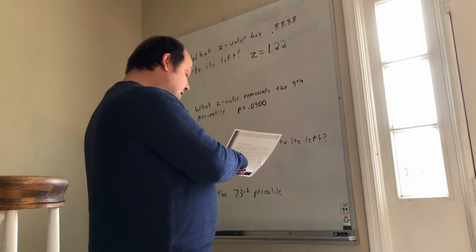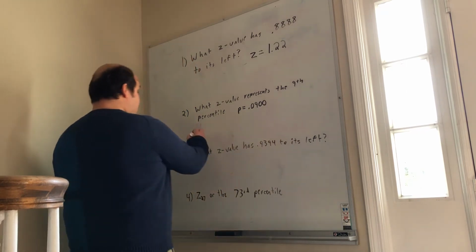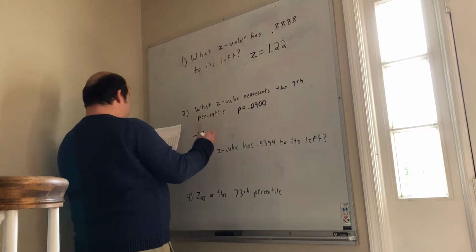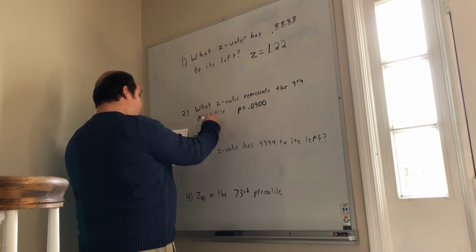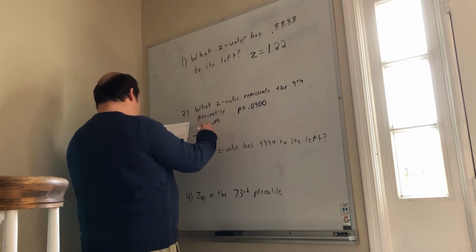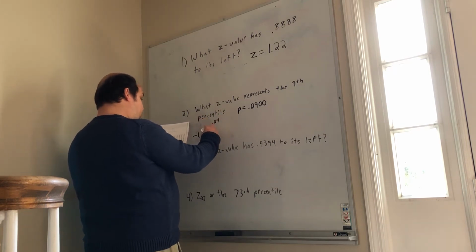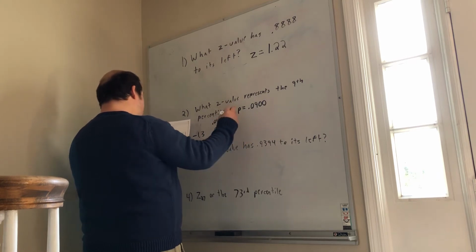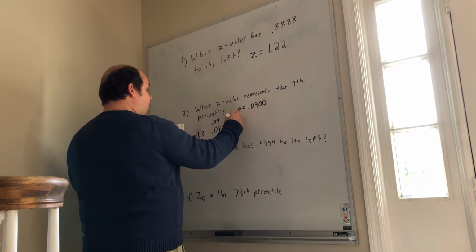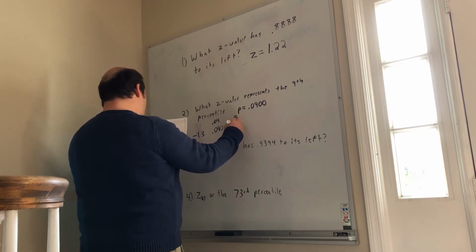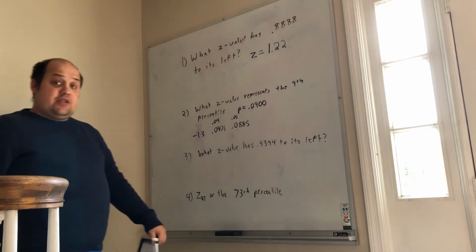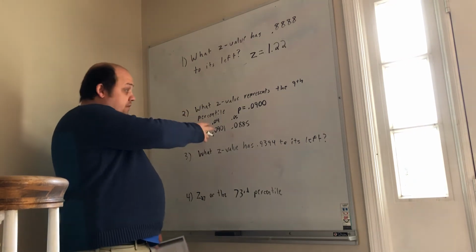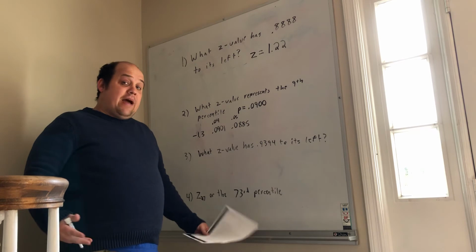As I look across that row, I see that negative 1.3 goes over in the 0.04 column and gets a probability of 0.0901. If I were to go to the next, 0.05, it's 0.0885.